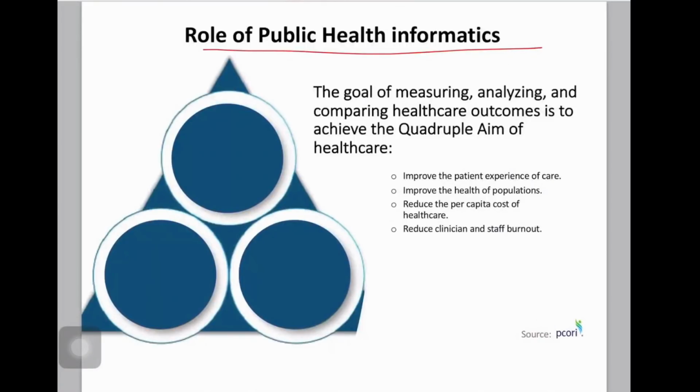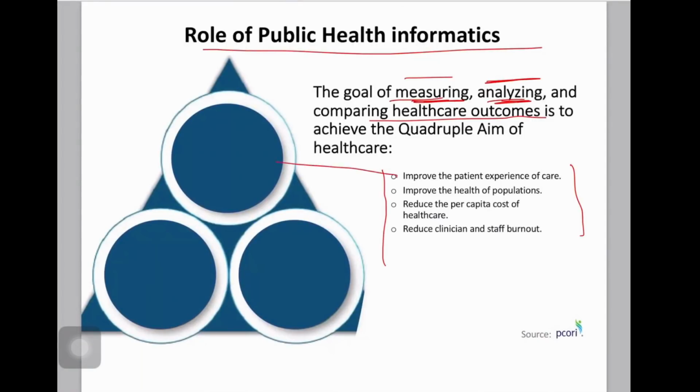So public health informatics has a role, goal, and objective. The overall goal is to measure, analyze, and compare healthcare outcomes to achieve these quadruple goals. We can measure different procedures, get the data, analyze it, and compare different hospitals and different healthcare facilities.